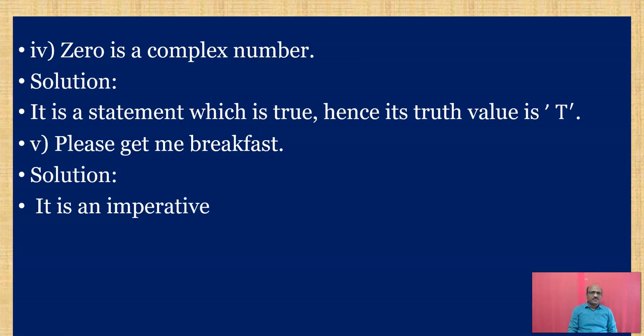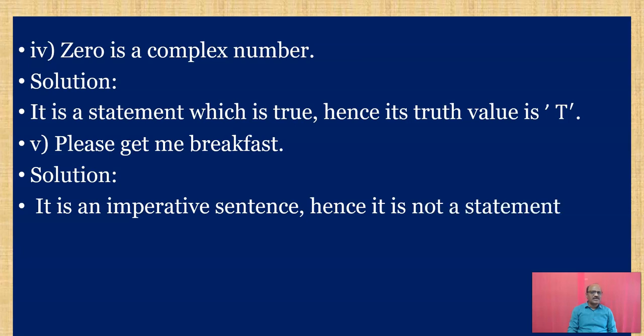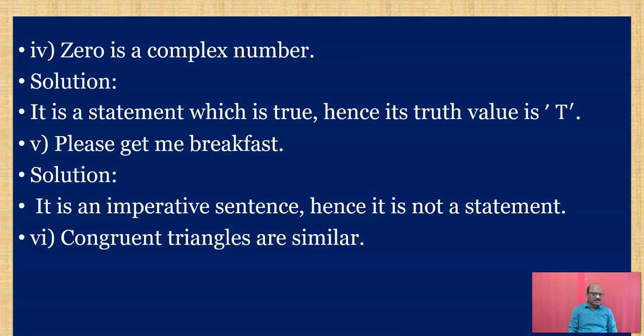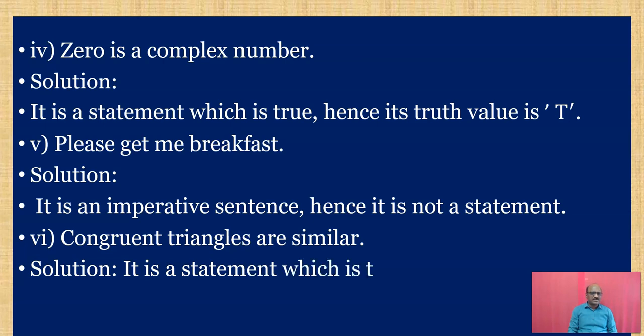It is an imperative sentence. Hence, it is not a statement. Next is congruent triangles are similar. It is a statement which is true, and hence its truth value is T.